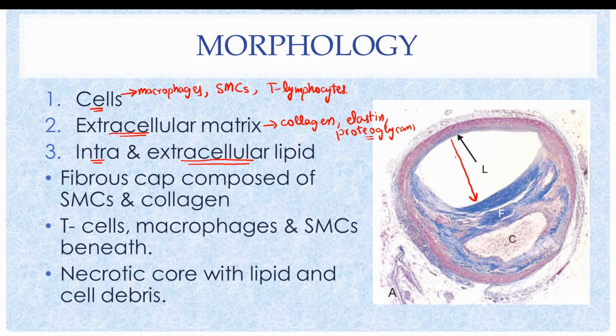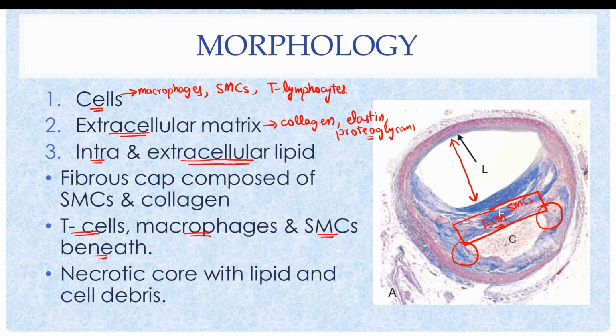So this is the lumen of an artery, and this is a fibrous cap. This fibrous cap is formed of smooth muscle cells and extracellular matrix. At the shoulders of the atheromatous plaque, there are inflammatory cells such as T lymphocytes, macrophages, and proliferating smooth muscle cells.